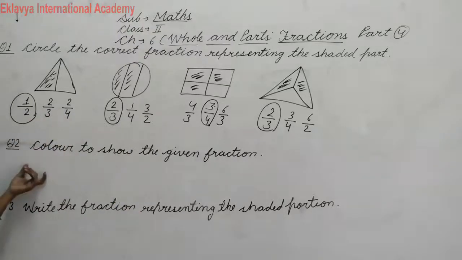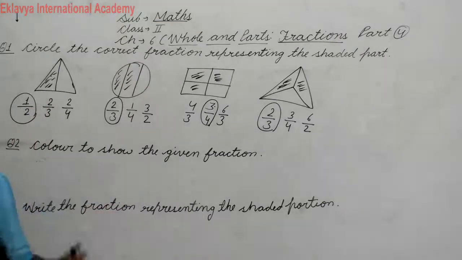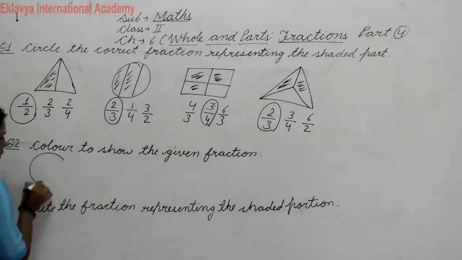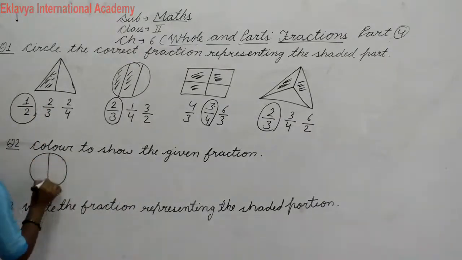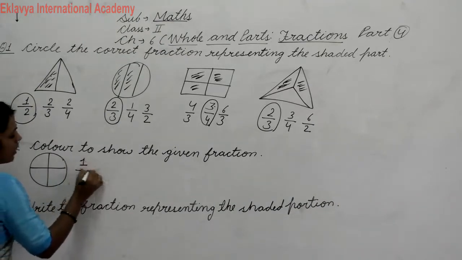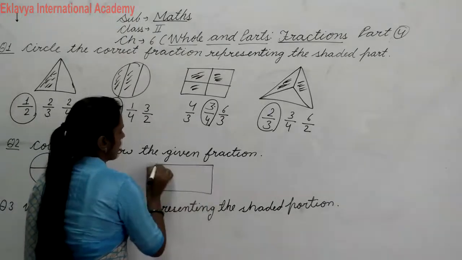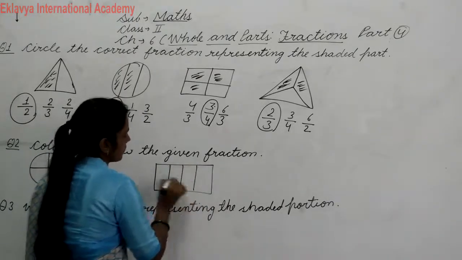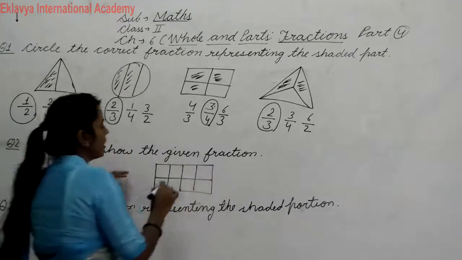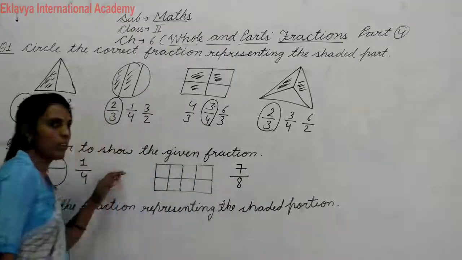And the second question is saying: color to show the given fraction. Suppose I have given one picture, that type, and I write here 1 upon 4, and I have given here one picture, and write here a fraction.